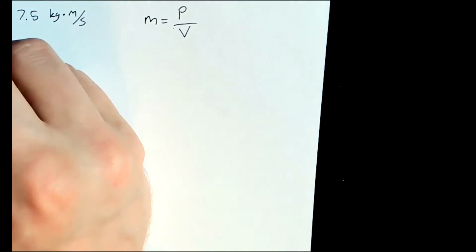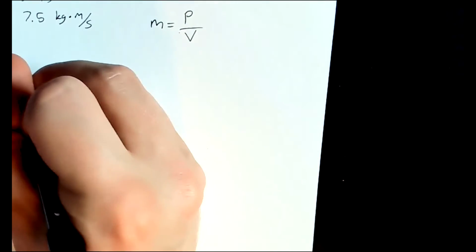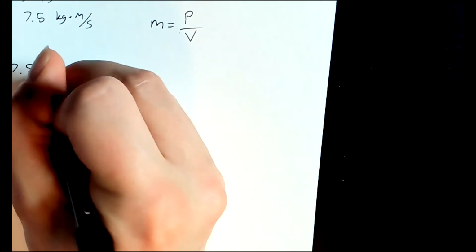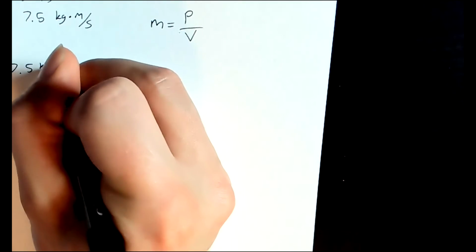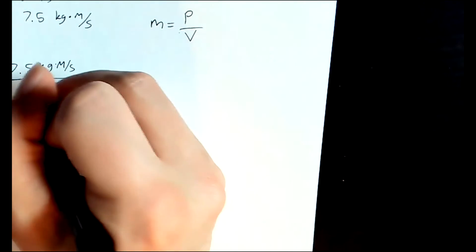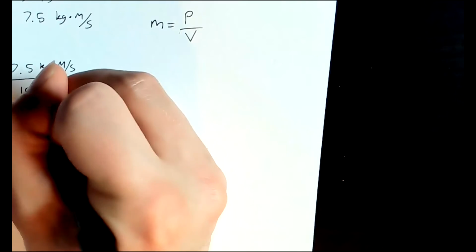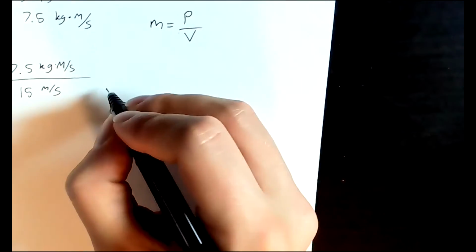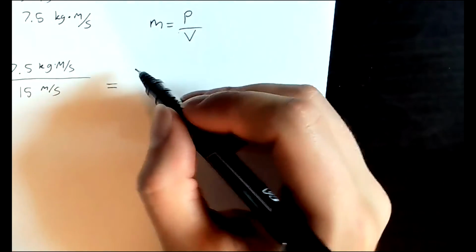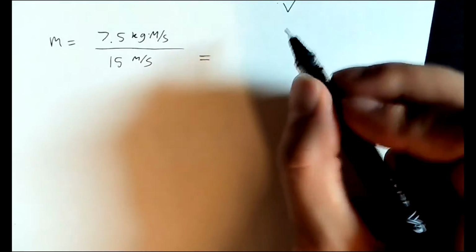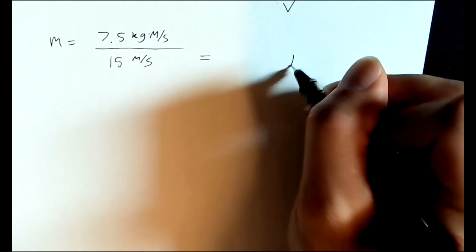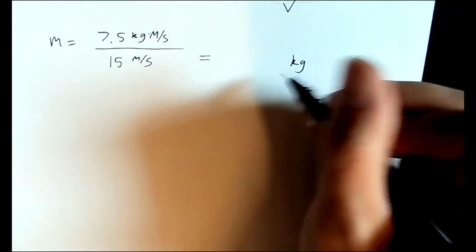So all you need to do is divide 7.5 kilogram meters per second divided by 15 meters per second. And that will give you the answer. And the units will be kilograms.